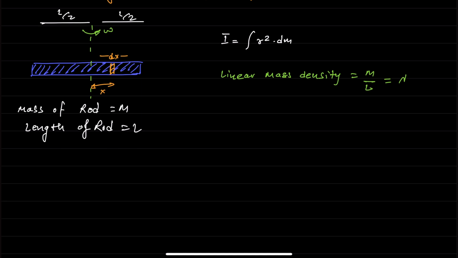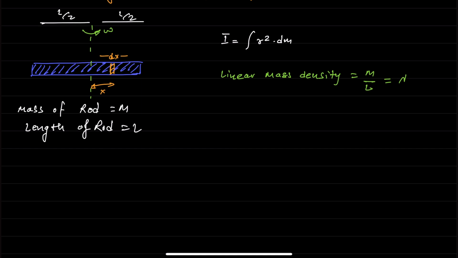Just think why I am taking it like this, why I am not taking a mass dm at an angle theta or in terms of something else. You will come to understand that we cannot solve this question in any other way. We need to take the elemental masses in terms of thickness, then only we can solve.